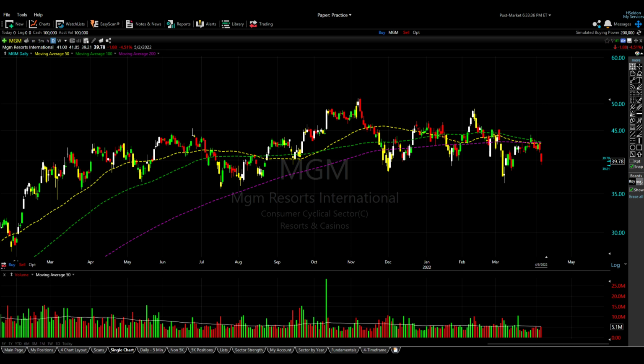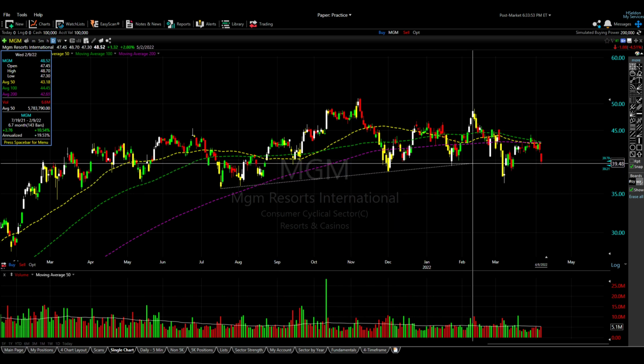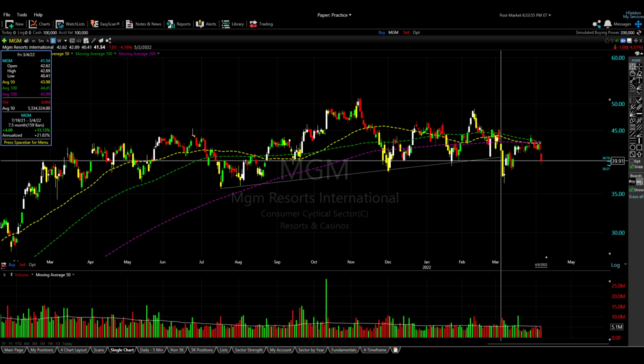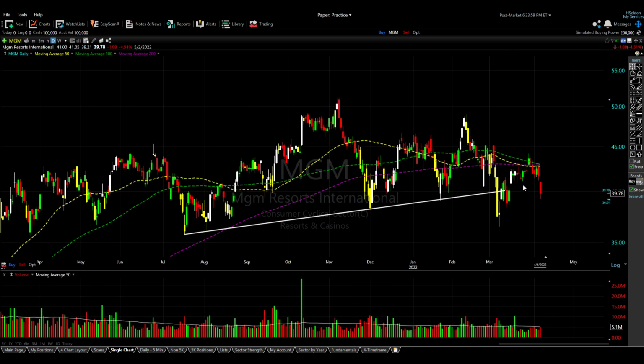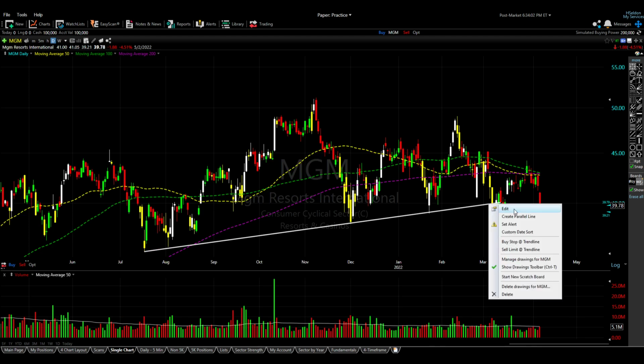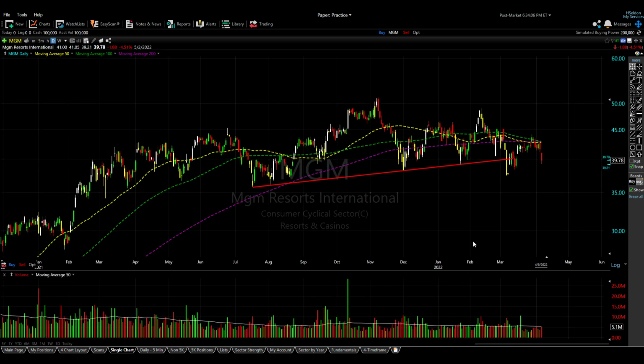The longer the line and the more touches on the line, the stronger the line. The shorter the line, the less touches, the weaker the line. Okay, so let's start here and draw all the way across. And right here, we will see it is violated to the downside. So let's just put this here in red.